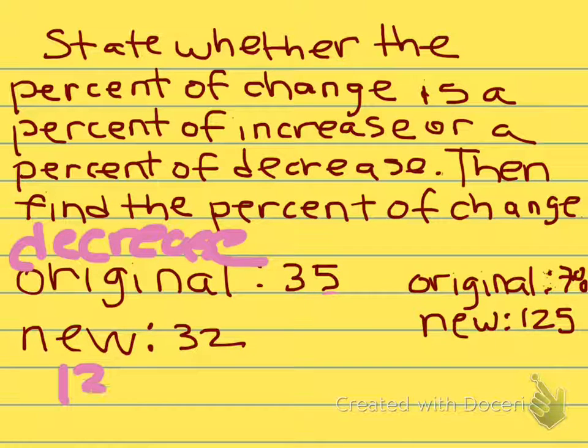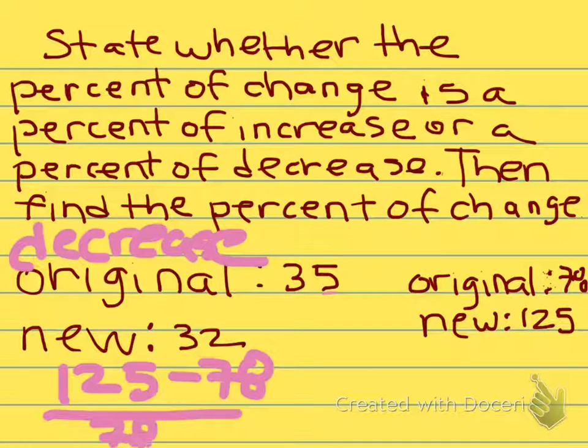So we're going to take 125 and subtract 78 for our numerator. And we put our ratio over 78 since it's the original. So 125 minus 78 gives me 47.